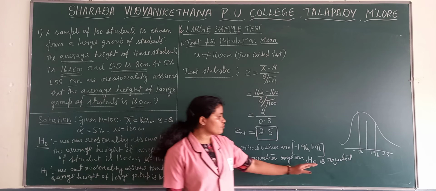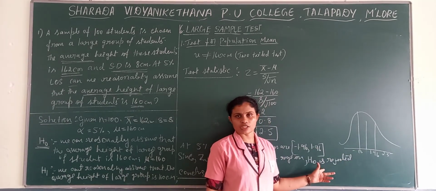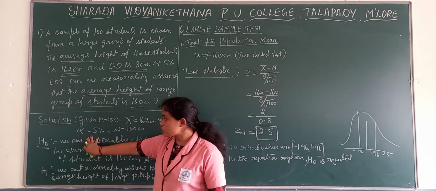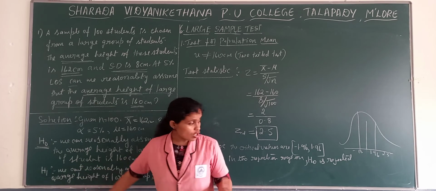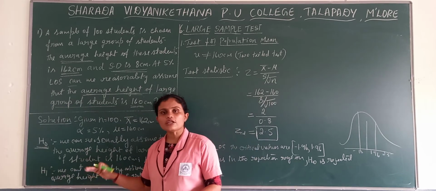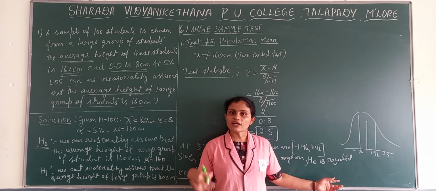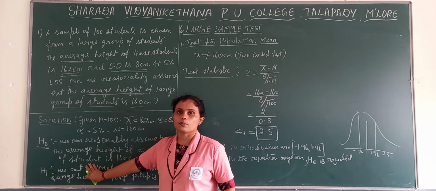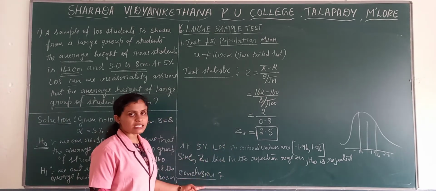For example, if it falls within the region, we are accepting the null hypothesis, and that is what we write as the conclusion. Now we are rejecting it, which means we are accepting the alternative. It's not necessary to write that H1 is accepted. Just write whether we are rejecting or accepting the null hypothesis. Here we are rejecting the null hypothesis, so obviously we are accepting the alternative hypothesis. Whichever we are accepting, that we write as the conclusion.